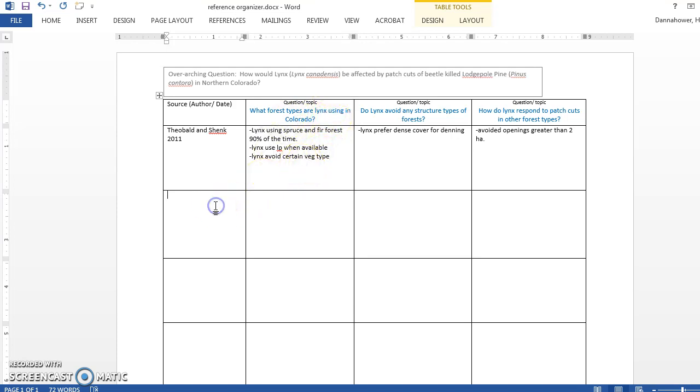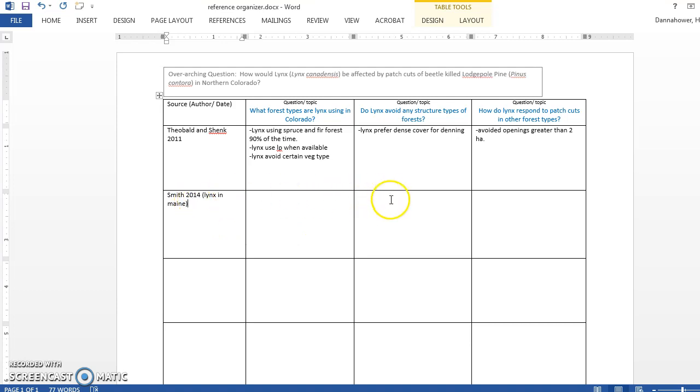Then I might go in and read another article. Maybe it's Smith from 2014. And because that one maybe is common, I could even remind myself what the article is. I could say something like lynx in Maine. And maybe this article really focused on clear cuts. So I might not have any information about forest types in Colorado because this study took place in Maine.